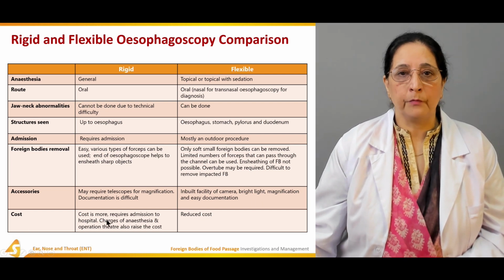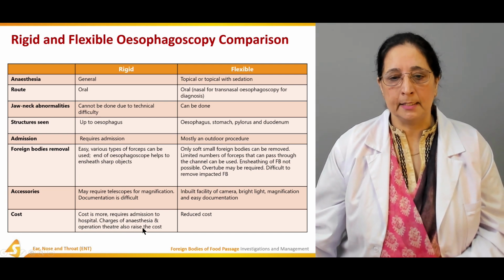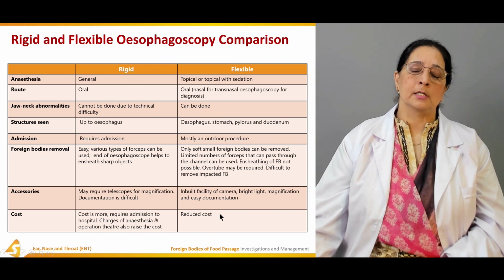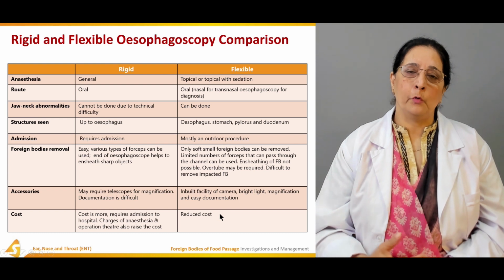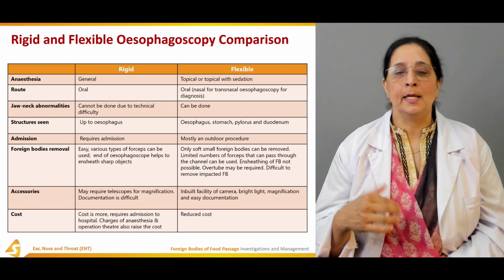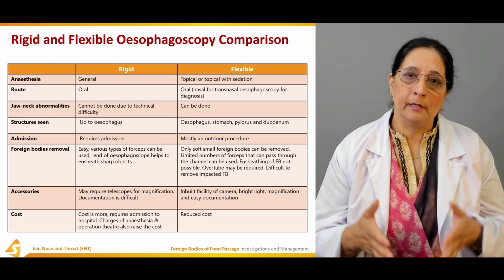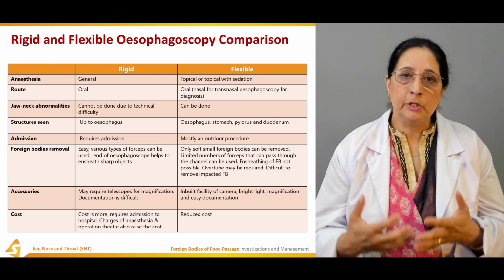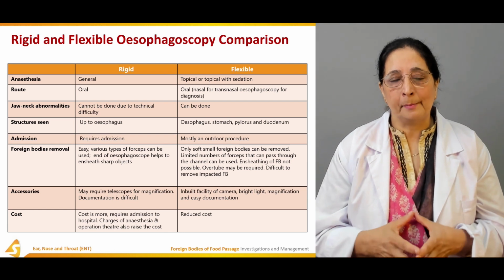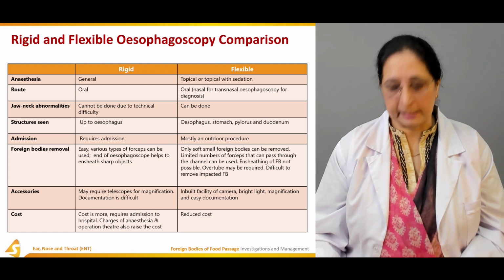Cost is more for rigid: it requires admission and general anesthesia, which increases the cost. Flexible has reduced cost. So both have some good and some negative points, but overall the flexible one is preferred because it is low cost, we do not require general anesthesia, it is easy to perform, and it can even be performed with some abnormalities. Cost wise, it is very effective also.